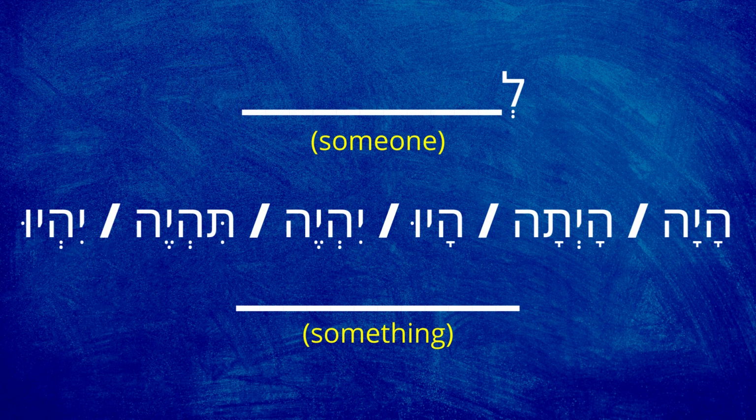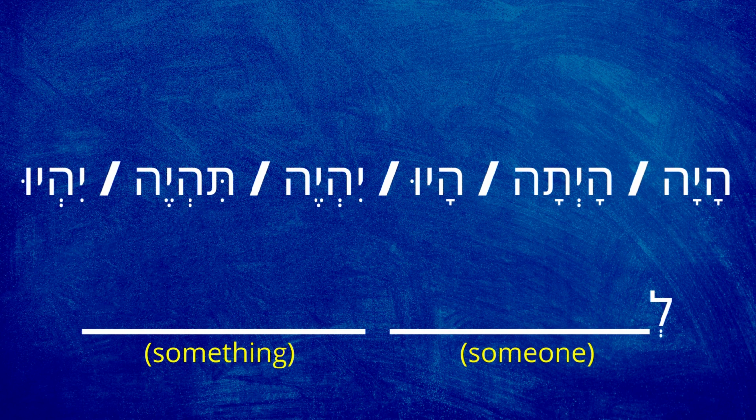The second option you'd have to phrase a sentence would be as such. Haya, hayta, hayu, yihye, tihye, yihiyu, le, someone, something. As before, this person had in the past or will have in the future something.